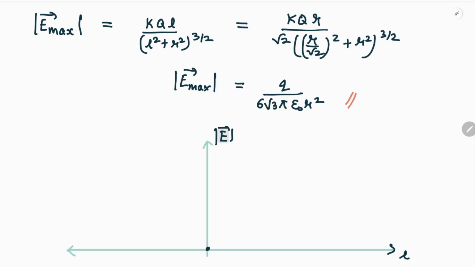At this value, the value is equal to 0, as the equation is KQL. So if L equals 0, the value of field will be 0.